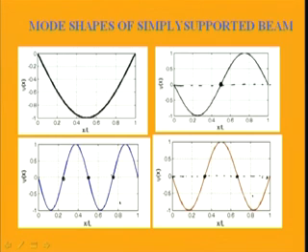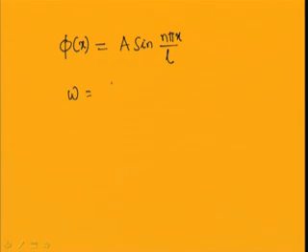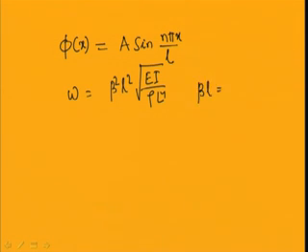You can see the simulation of this by writing a simple program in MATLAB. In the program you can write the expression for phi x. Already you have derived phi x equal to a sin n pi x by L, and omega equal to beta squared L squared into root over EI by rho L fourth. For a simply supported beam you found beta L equal to n pi.